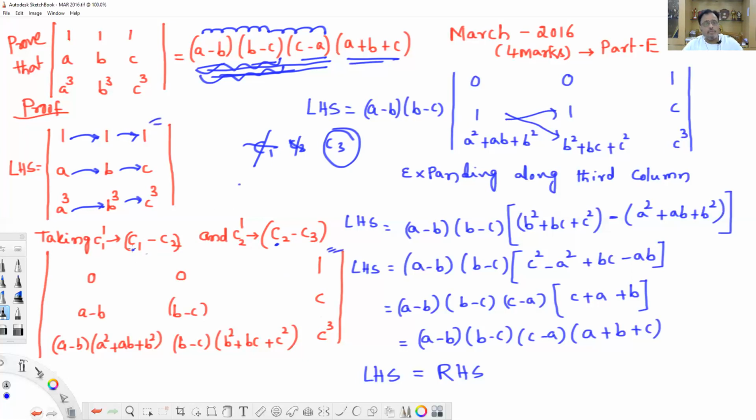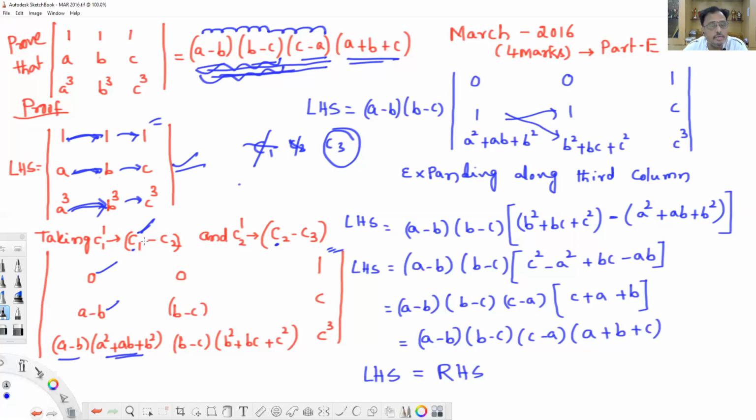Now, with C1 minus C2, the result has to be written in C1, so C1 is definitely going to change. The new C1 is obtained by C1 minus C2: 1 minus 1 is 0, A minus B, and A cube minus B cube, with the formula applied: A minus B into A square plus AB plus B square.